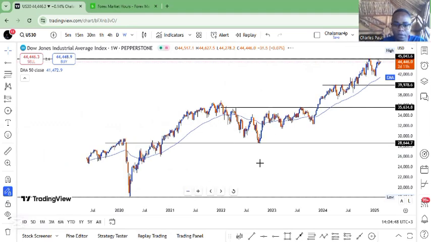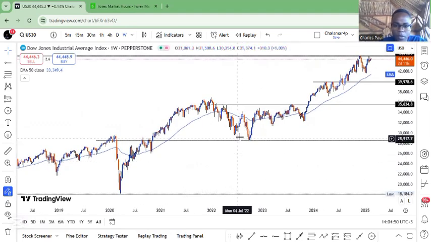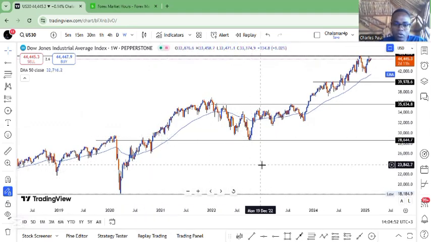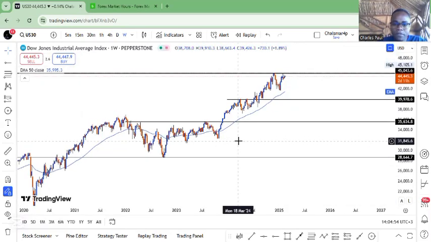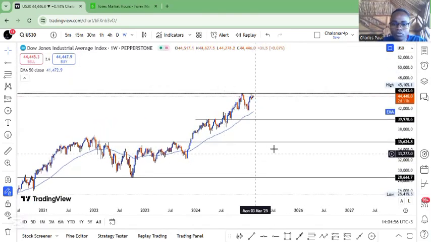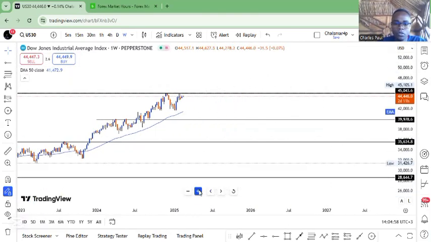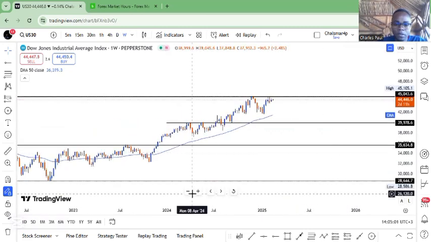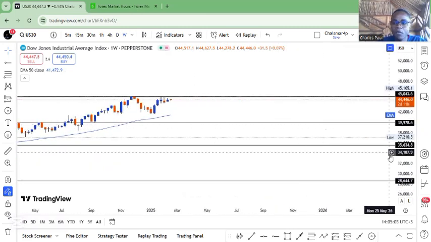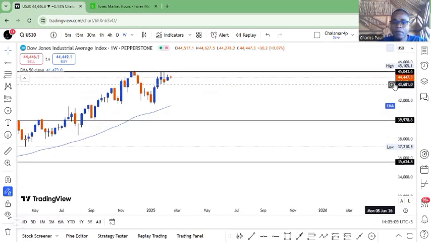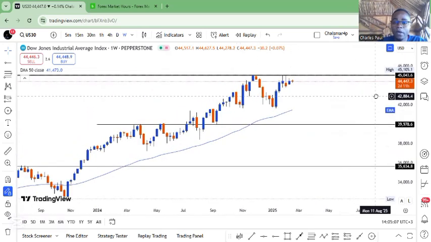So you have this structure, you have this lowest low, and we have this structure as well. Now maybe you need to zoom out and mark some of the zones that you didn't mark from the monthly time frame.